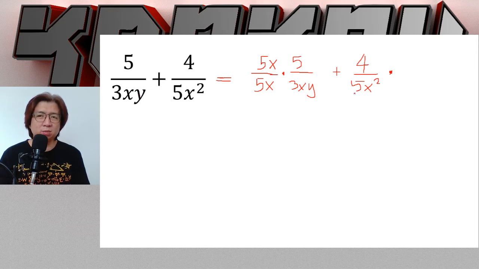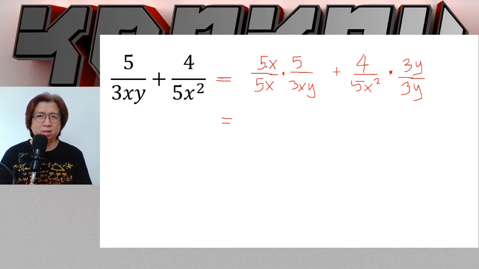So it means this is 5 already. So we have 5x squared, right? So I am going to multiply it by 3 over 3 to have 15 also. Next, so we have x squared here, and then I multiply it by x for the first term to make it x squared also. And the first term has y in the denominator, and on the second term we do not have y, so I'm going to multiply it also by y over y.